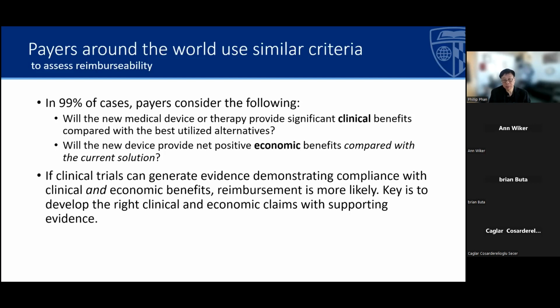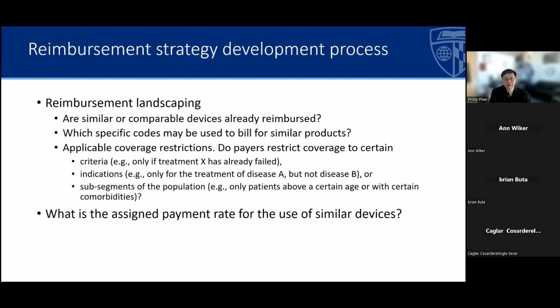So the point here is that you want to think about both your clinical claims and your economic claims at the same time so that you can collect the supporting evidence, right, to back up your claims. So this issue of thinking about your claims, which is, what is your technology supposed to actually achieve? What are the outcomes it's supposed to provide, and how is it superior to what's out there, has to include both clinical as well as economic outcomes.